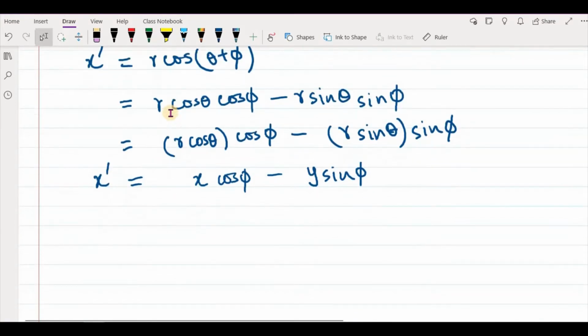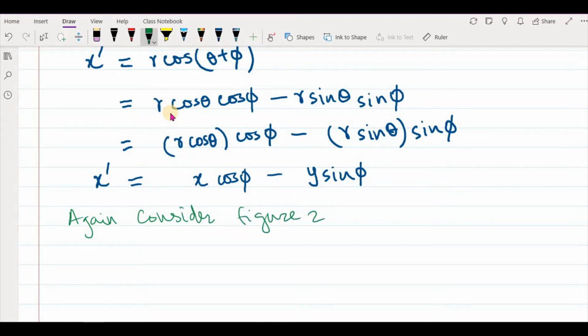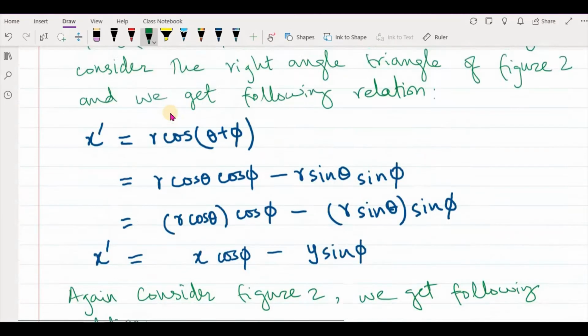Again we consider the figure 2, but this time for the y coordinate. We get the following relation. So what is the relation?